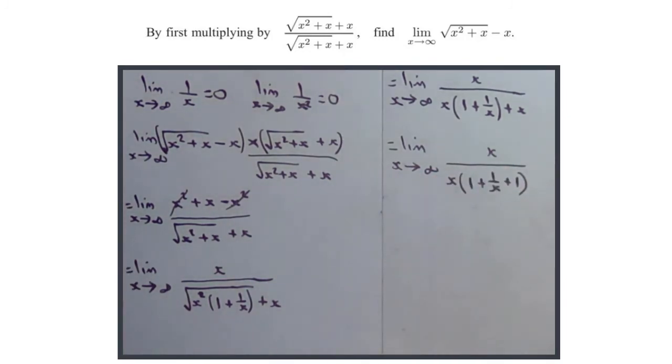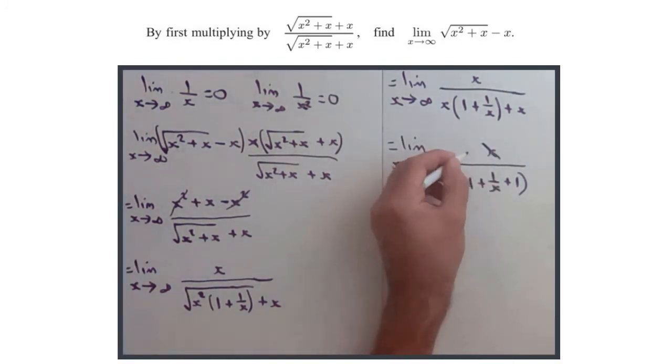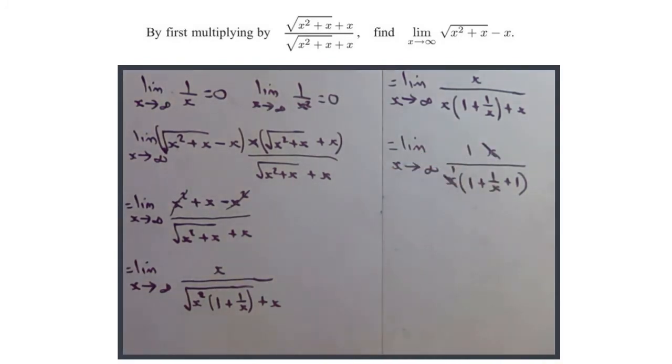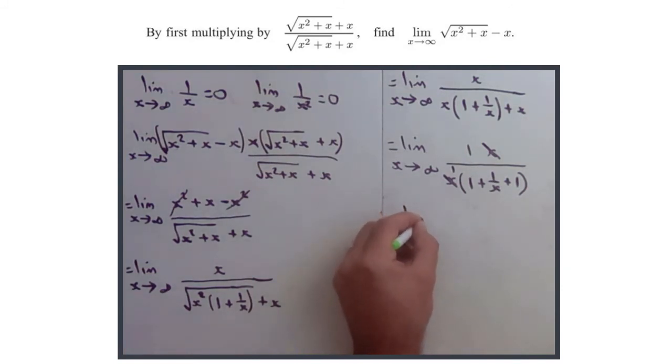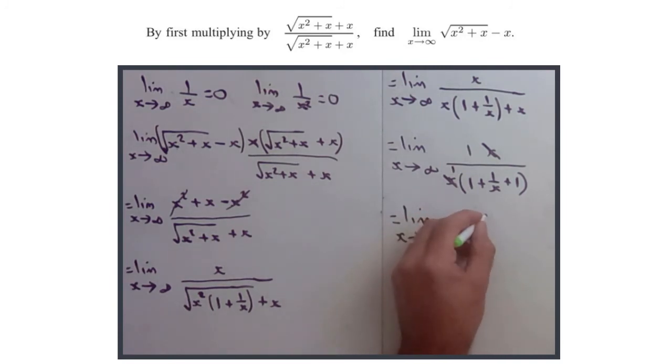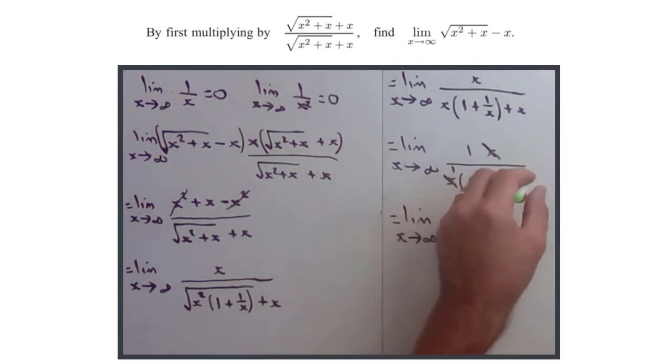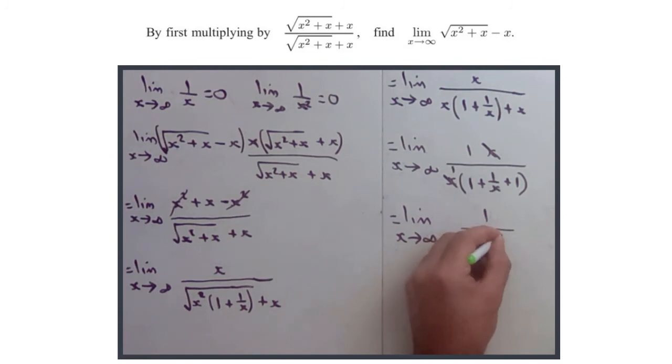Now I can cancel an x with an x, and suddenly this is looking really nice. So now this is the limit as x approaches infinity of 1 over the square root of 1 plus 1 over x, plus 1.